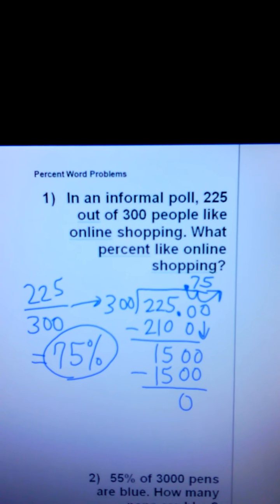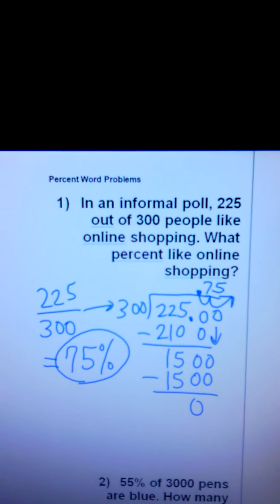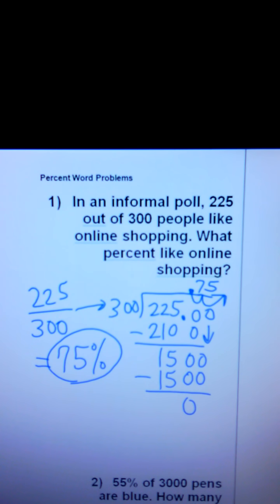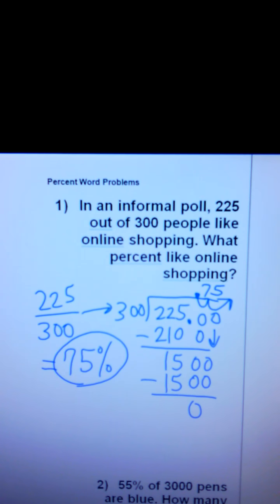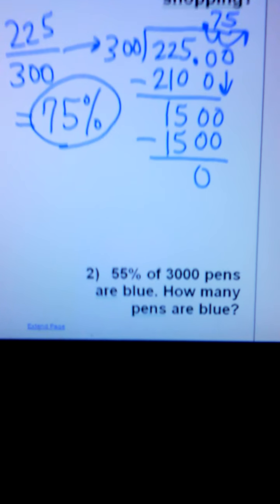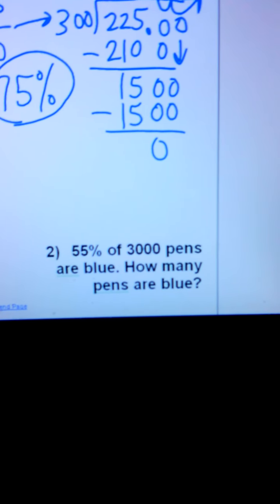Again, you could use a proportion if you like proportions better. All right, let's look at the next example.